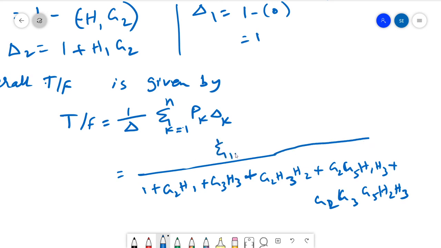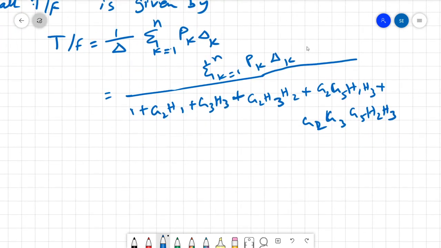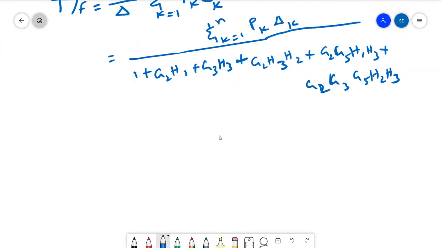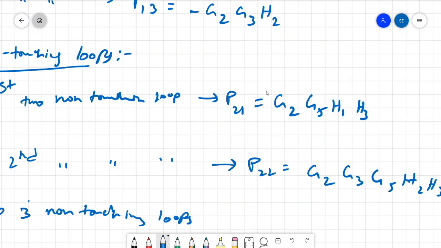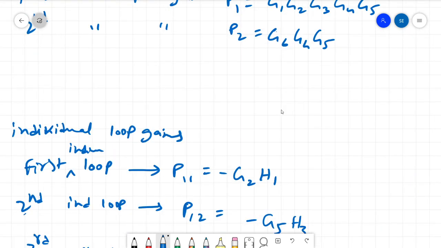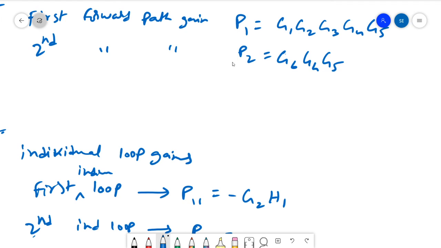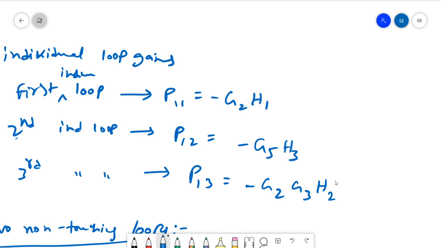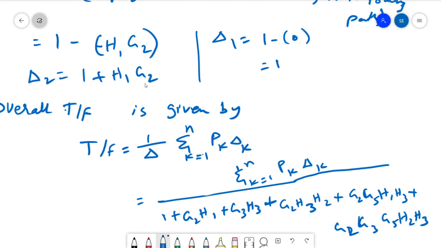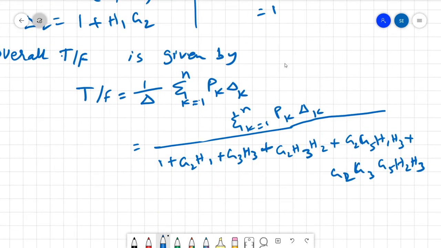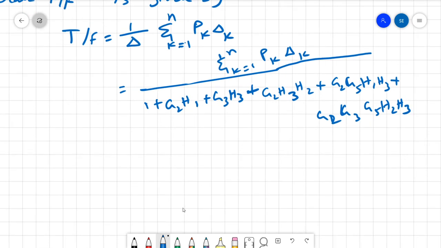Summation of k equal to 1 to n, Pk del k. Now we substitute: P1 del 1 plus P2 del 2. What is P1? P1 del 1, del 1 is 1, and P1 is G1 G2 G3 G4 G5. P2 is G6 G4 G5. What is del 2? Del 2 is 1 plus H1 G2. So write it in the next equation.